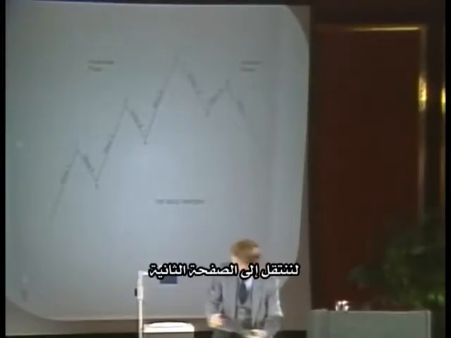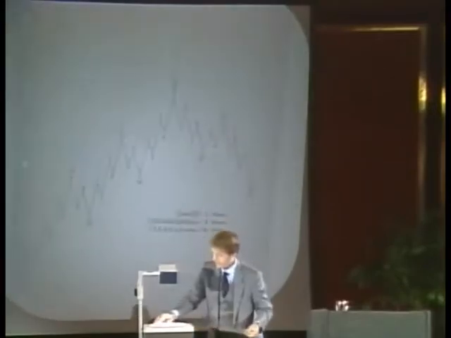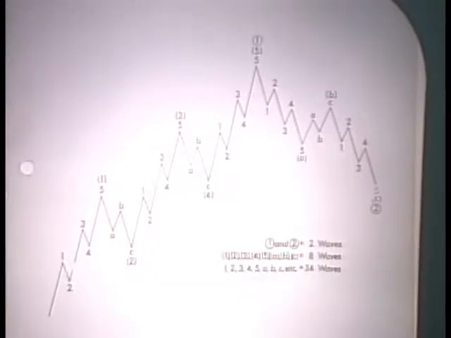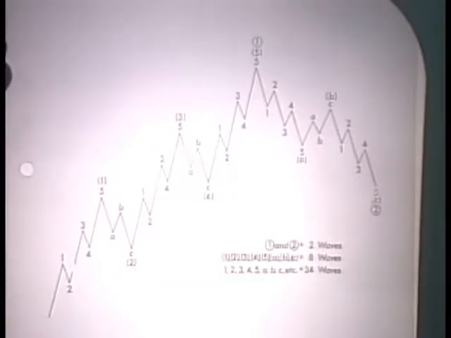Let's flip to page 2. This is essentially the same chart, but what we see is that 2 waves of larger degree can be broken into 8 waves of the next lower degree, which can subsequently be broken into 34 waves of the next lower degree, and so on.